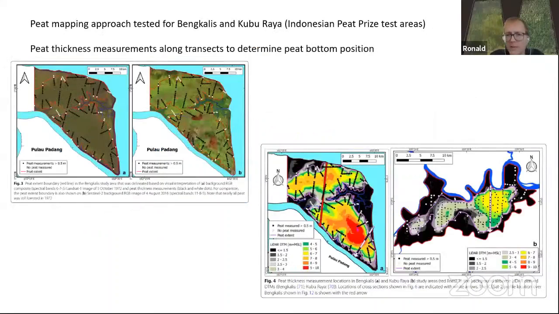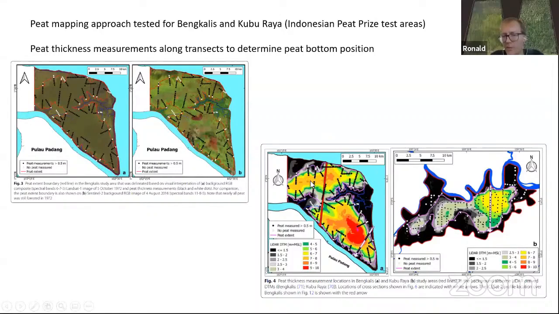We have been testing and validating this approach in two test areas. We have been participating in the Indonesian Peat Prize, and the first area was Bengkalis Island, and the second one was Kuburaya. And we have been collecting peat thickness measurements along transects to determine this peat bottom position.